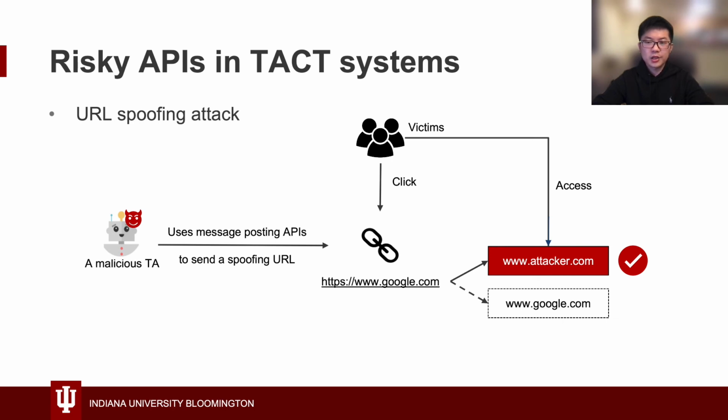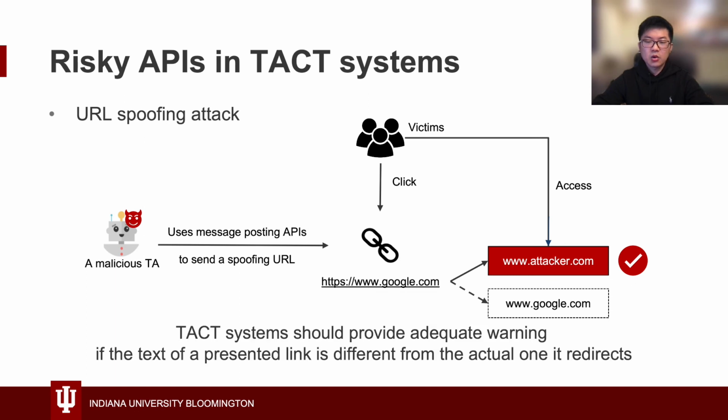However, if he clicks on it, he will be redirected to a malicious website, such as www.attacker.com. Against the URL spoofing attack, we think team chat systems should provide a warning if the text of a presented link is different from the actual one it redirects to.